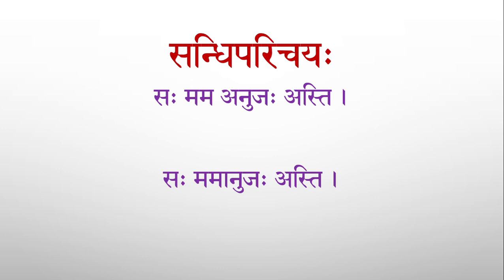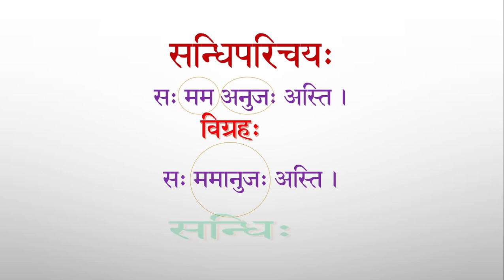Now look over here. The joining of the 2 words, Mama and Anujaha, has given rise to one single word, Mamanujaha. These 2 words, Mama and Anujaha, are called Vigraha, while the joined form, the Samastapadam, Mamanujaha, is called the Sandhi.